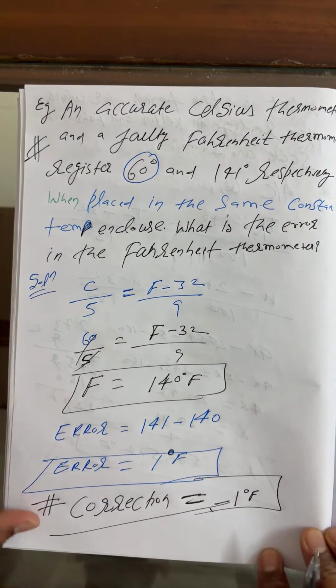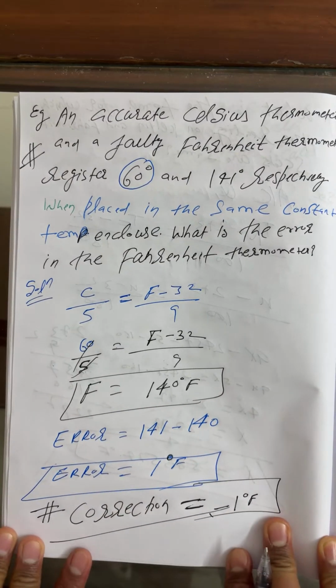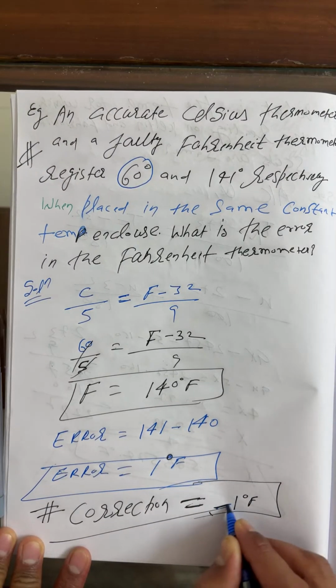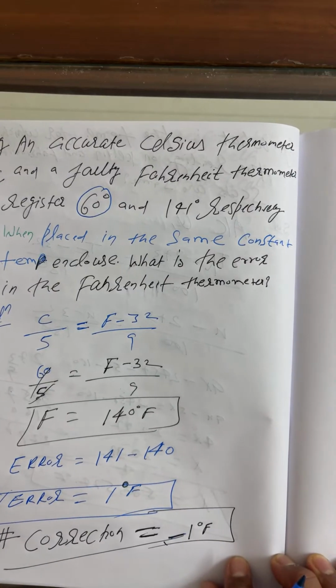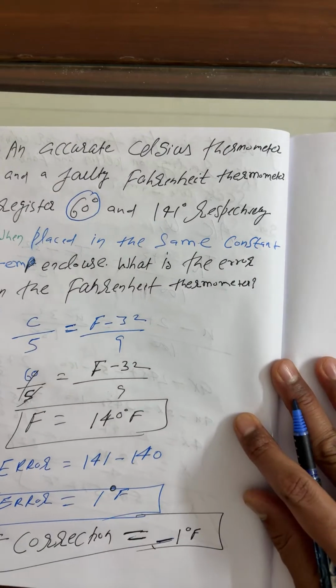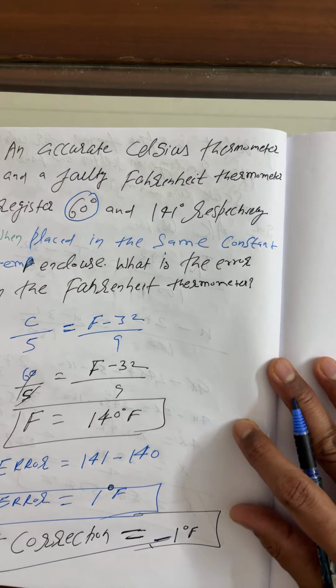The correction is just the opposite. The error is positive, so the correction is negative: minus 1 degree Fahrenheit. I hope you got it, both of you, Sagar and Arvind.